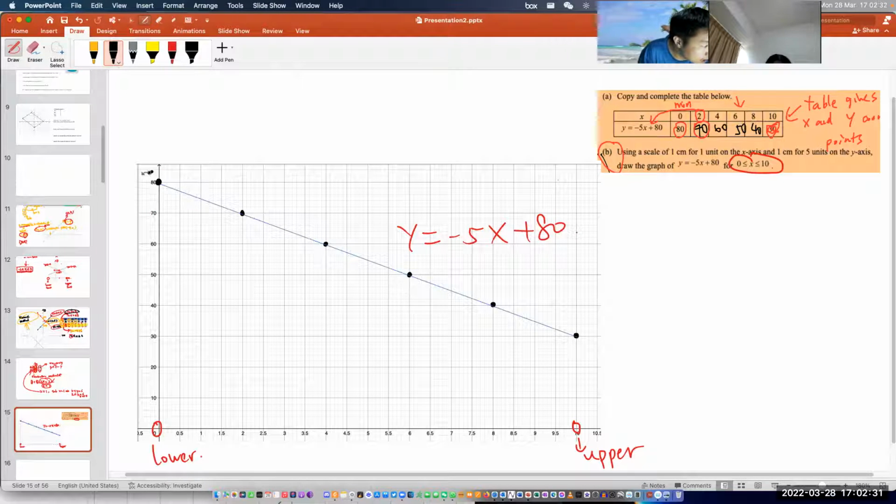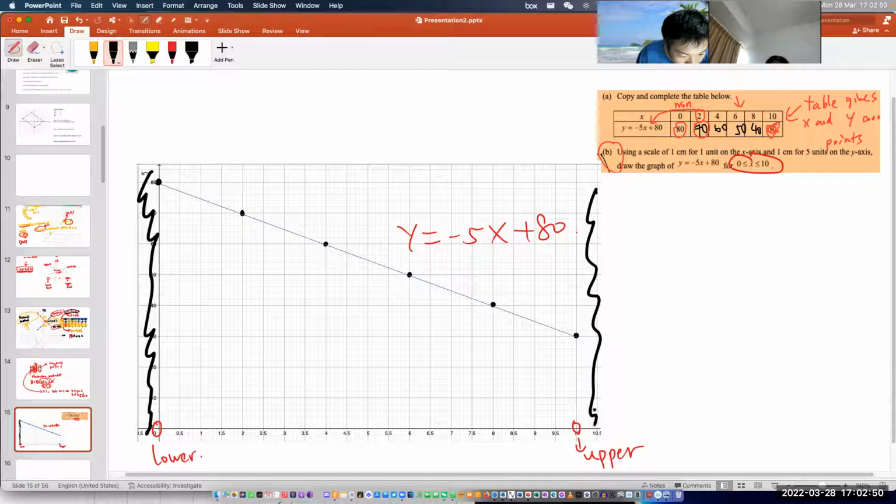So you can see I never show anything beyond. Meaning I never extend this line out. No, I stop at 0. Okay. And over here, the same thing. I never extend this line out. I stop exactly at my upper limit. So I have nothing beyond. Okay. I have nothing out of the limit. So that's what the range is.